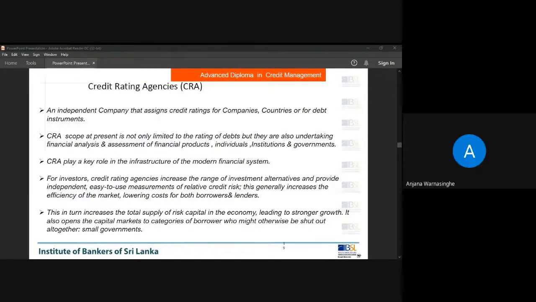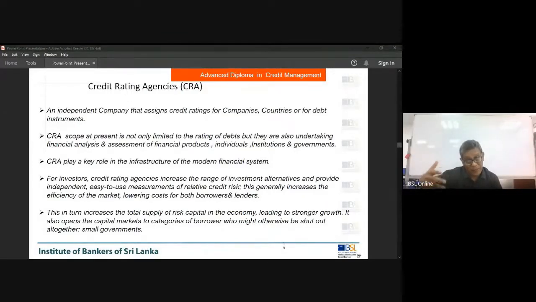Central bank or the SEC? No, no. Those could be something different. I mean, credit rating agencies, we banks need to obtain ratings, no? So who? It is the Securities and Exchange Commission, right? The Securities and Exchange Commission manages it, not the central bank. Okay, so we also need to understand that, right?